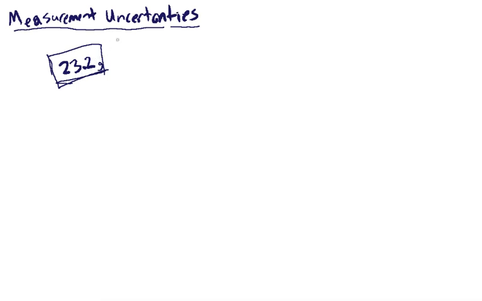Well, you have to remember this is a rounded off digit. This last digit here is rounded off. And so, in order to decide what range this could be in, you basically look at what would round off to be that value.